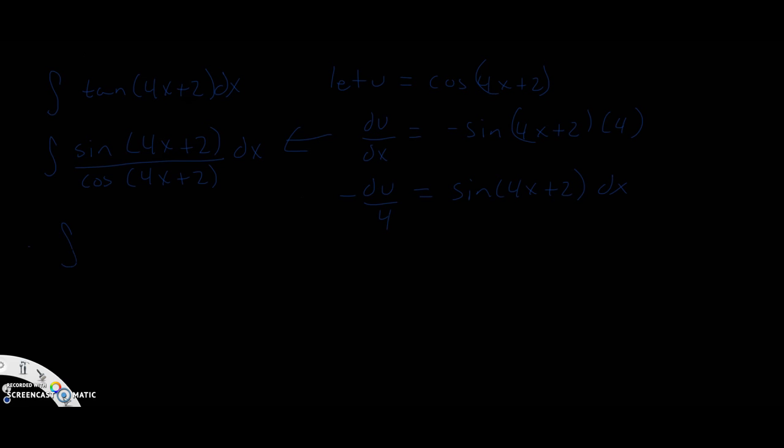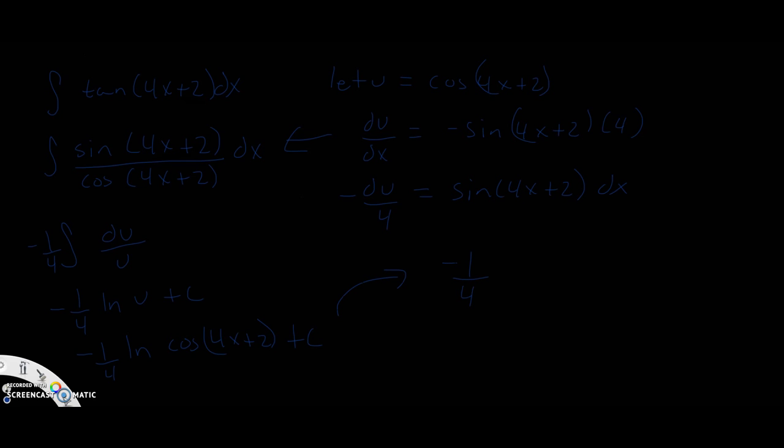Now I can put the negative 1/4, put the du up here, write the u over here. The antiderivative of du over u is an ln, so negative 1/4 ln of u plus c. Now plug in u, and u was the cosine 4x plus 2, plus c. Now I'm going to check this by doing the derivative.